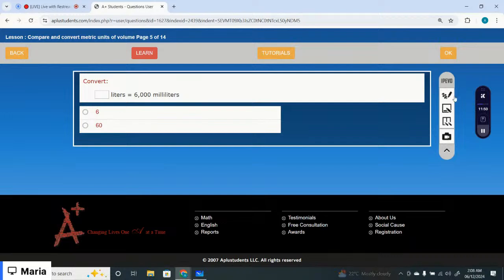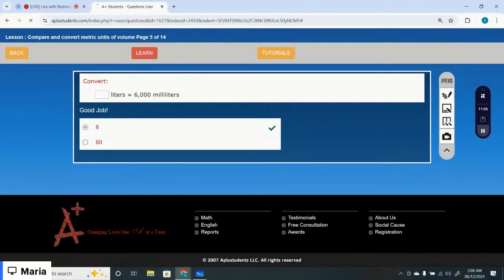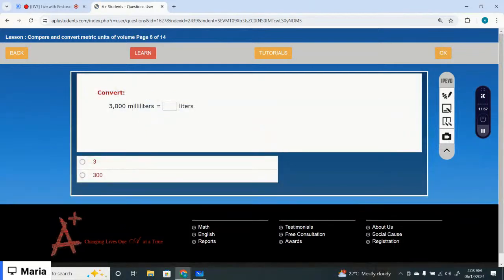Option number one is the correct option. 3,000 milliliters equal how many liters?